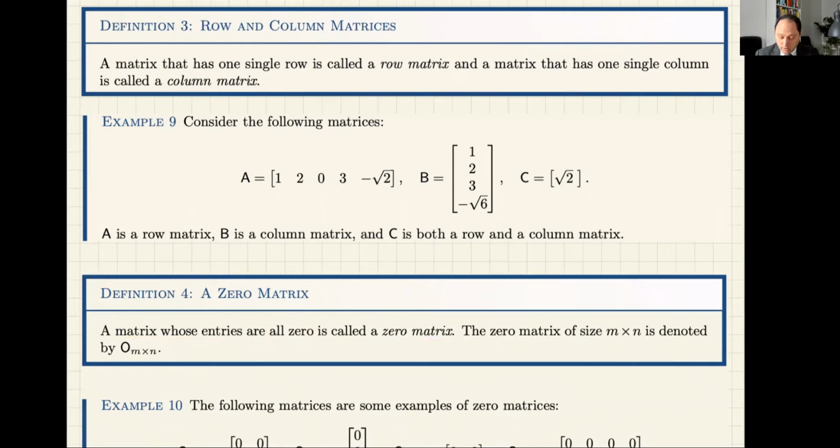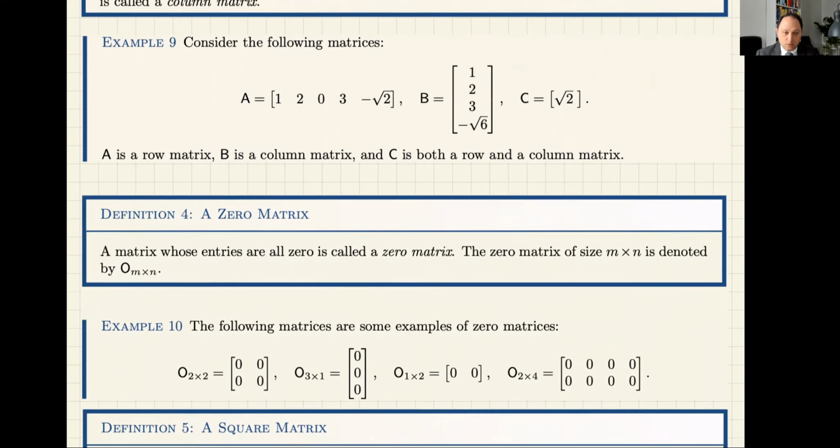But now I am saying the zero matrix of size m by n is denoted by the symbol O sub m by n. So as soon as I fix the order, then I have to use the article the, yes? But if this is not fixed, because there are infinitely many zero matrices, I should say a zero matrix.